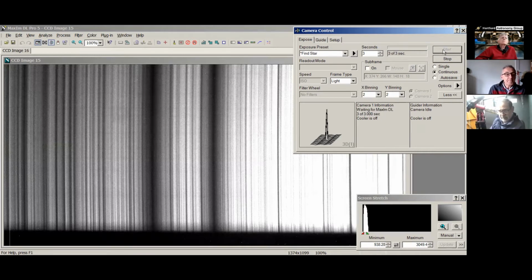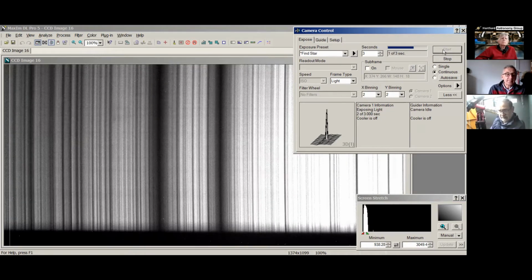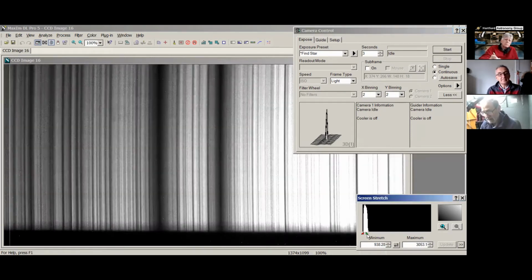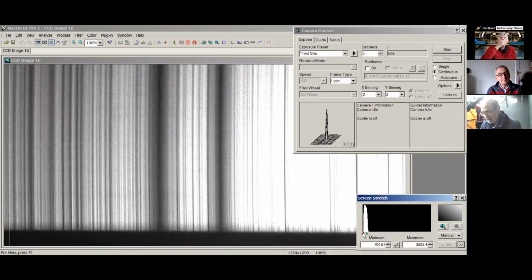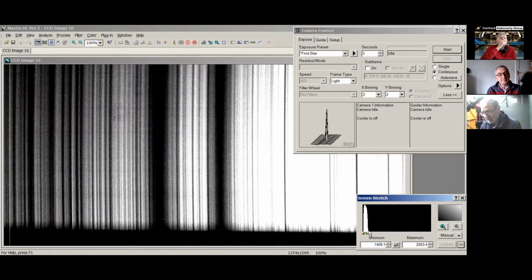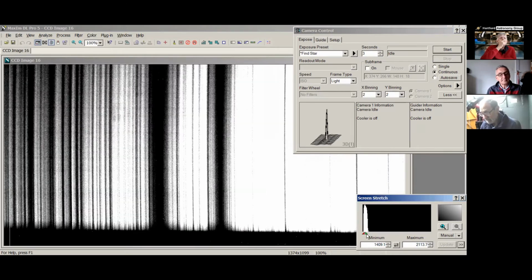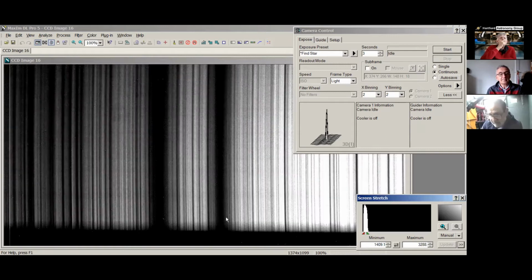So these are two very dark, broad lines, the calcium K lines, they're known as the calcium K absorption lines. And just see if I can tweak that a little bit. That's as good as it's going to get.